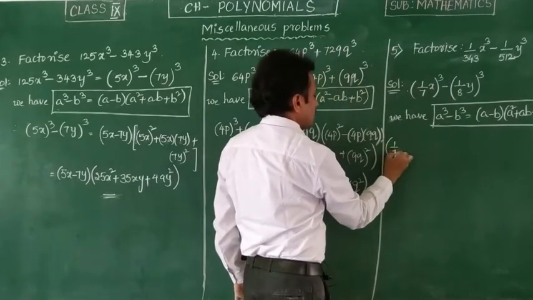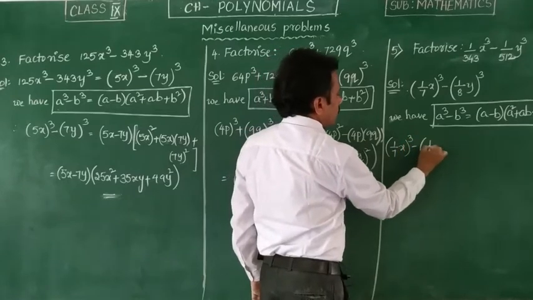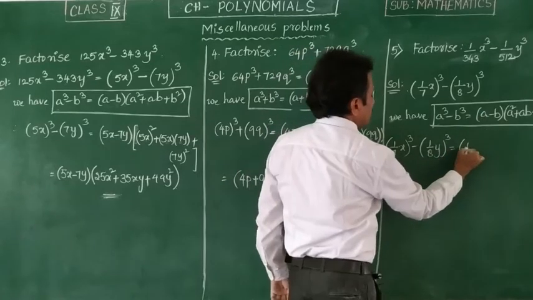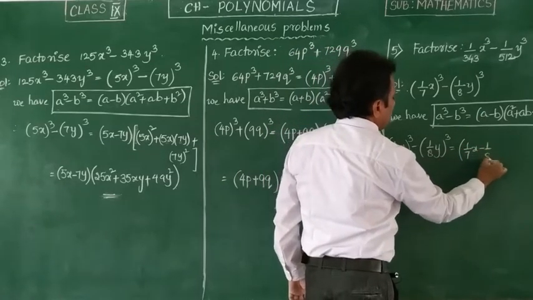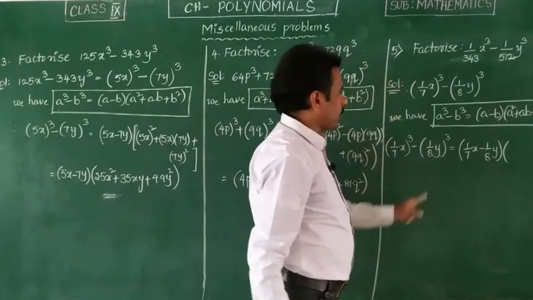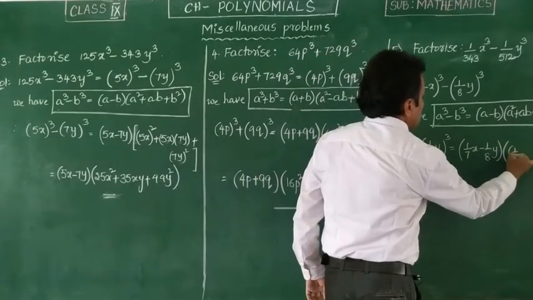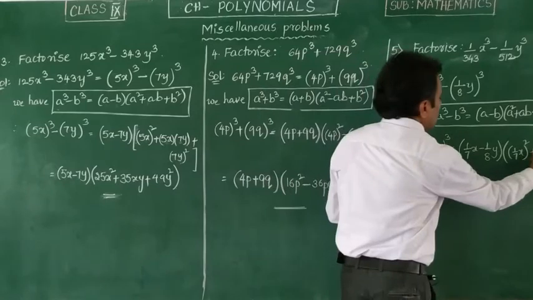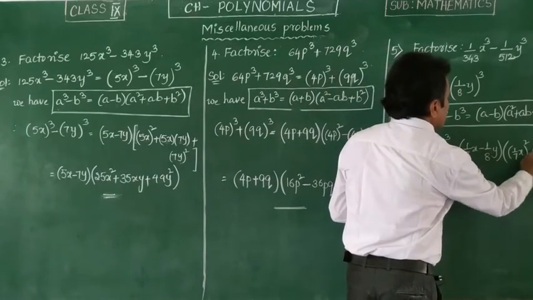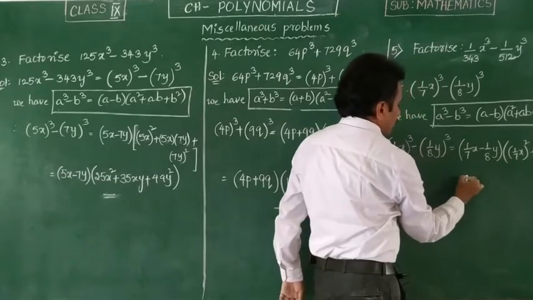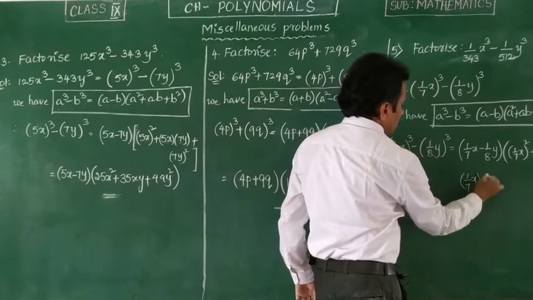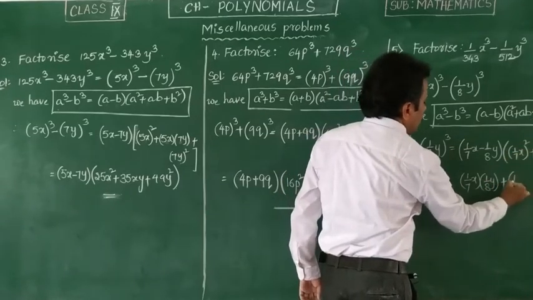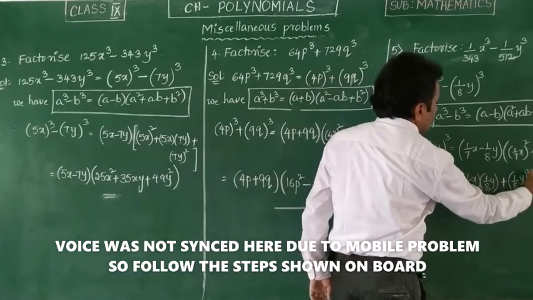So 1 by 7x whole cube minus 1 by 8y whole cube can be written as a minus b, that is 1 by 7x minus 1 by 8y, multiplied by a square, 1 by 7x whole square, plus ab, 1 by 7x into 1 by 8y, plus b square, where b is 1 by 8y, so 1 by 8y whole square. Close the bracket.